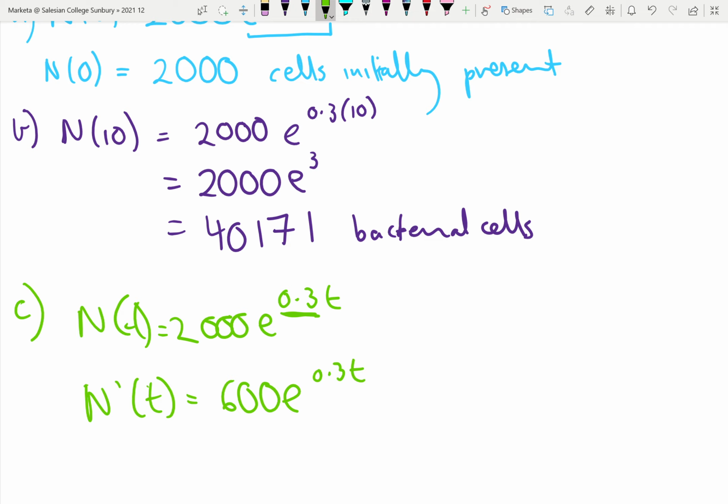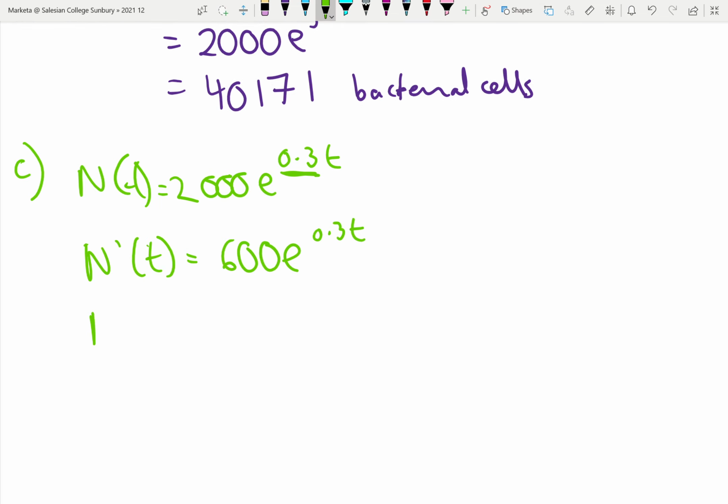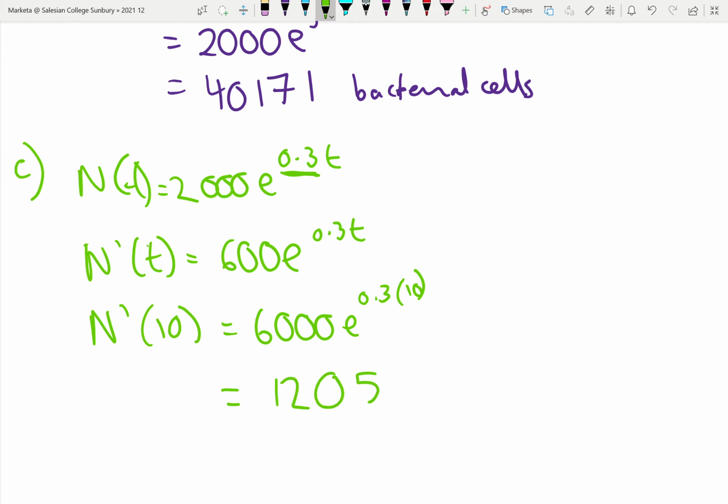Now we want to know the rate after 10 seconds, so we use the rate equation and sub a 10 for t. We're going to get 12,051.